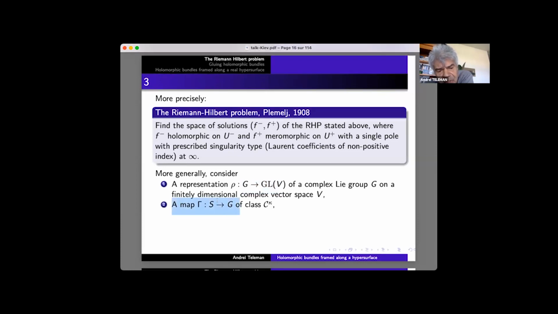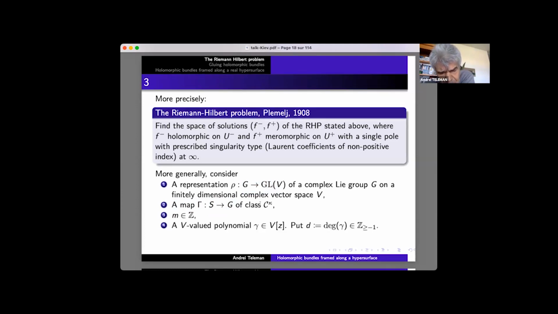Again, a map, this time defined on S, on the curve, with values in G of class C kappa, the same formalism. I will fix m in Z, and I will fix a polynomial with coefficients in V, in one variable. And I will denote by m its degree, with the convention that when the polynomial is 0, by definition its degree is -1.